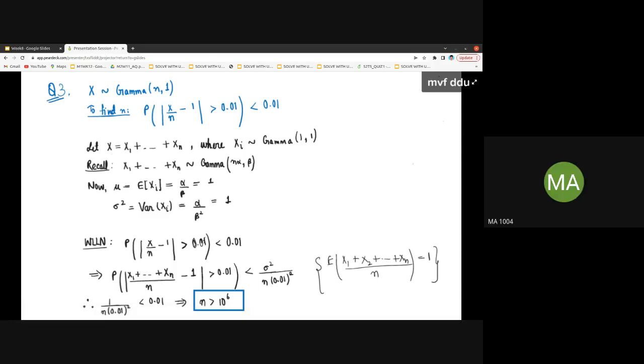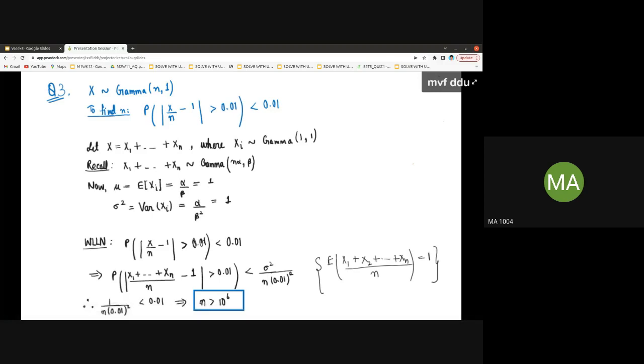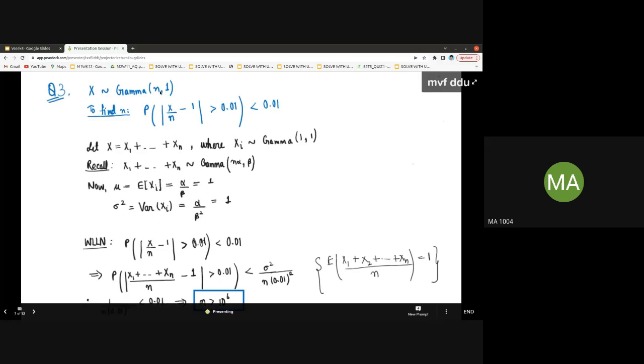n represents the parameter of x, right? That particular single random variable x, we have treated it as the sum of n random variables. If x is following gamma n comma 1, then each of the n random variables will follow gamma 1 comma 1, because the sum will follow gamma n. If x1, x2, xn are IIDs of gamma alpha beta, then the sum will follow gamma n alpha comma beta.